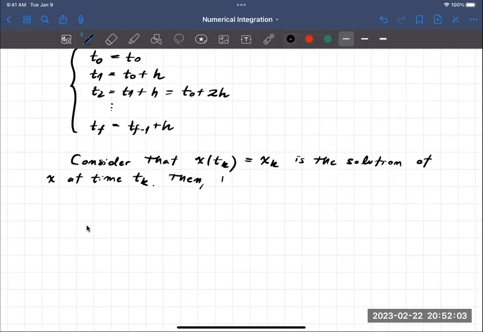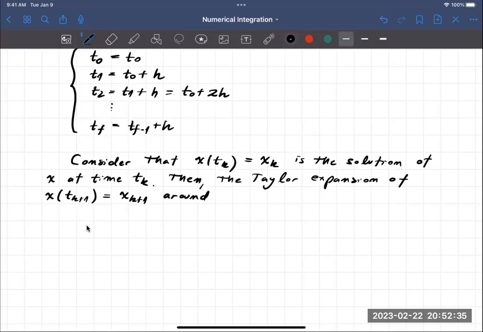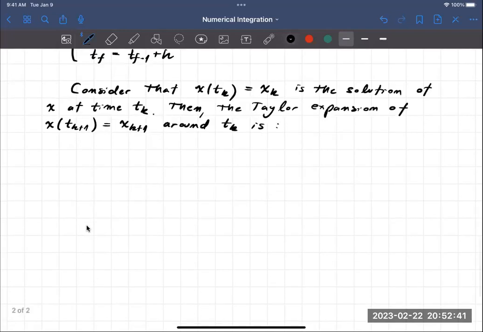So then the Taylor expansion of the next step of that k, so x of tk plus 1, which the short version of this is just x of k plus 1, so we don't have to write the tk plus 1 all the time, around tk is going to be given by the Taylor's expansion.